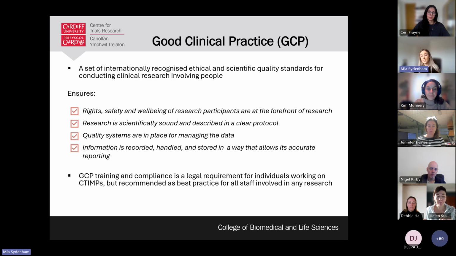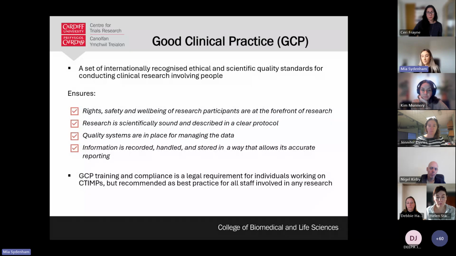Next is good clinical practice, or GCP, which is a set of internationally recognised ethical and scientific quality standards for conducting clinical research that involves people. These principles focus on ensuring that the rights, safety and well-being of research participants are at the forefront of research.